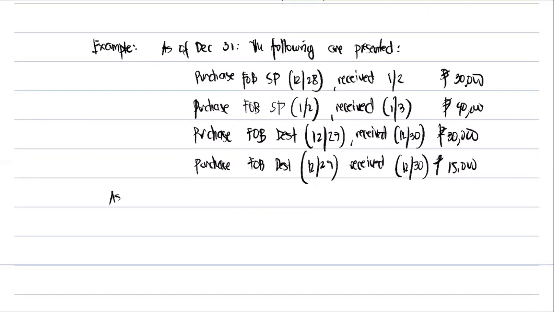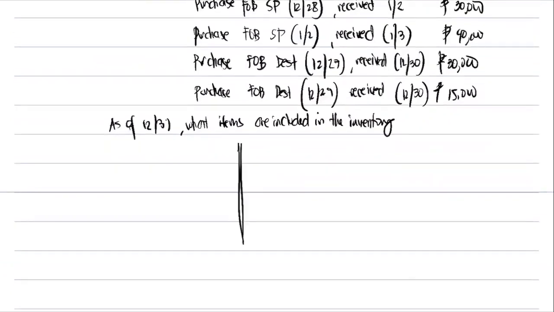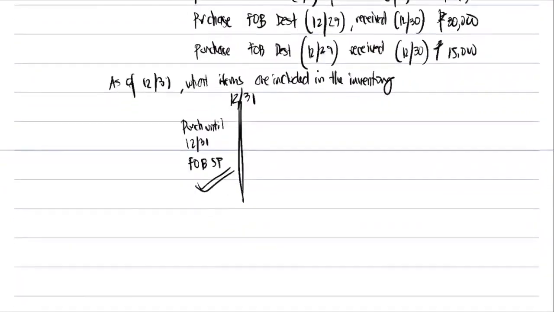Okay? So as of December 31, if the question is what items are included in the inventory, your cutoff is December 31. Anything that is purchased until December 31 under FOB shipping point is included. Anything that is received by December 31 under FOB destination is included.